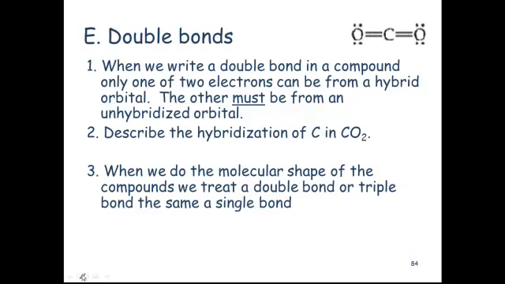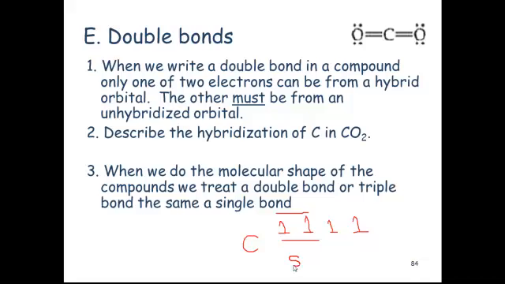So if we were going to draw, we would have carbon and it's got 4 electrons, so we're going to draw 4 degenerate orbitals and fill in our electrons. Since we need an unhybridized and a hybridized for each of the double bonds, we're going to draw our hybridization lines over 2 of them.